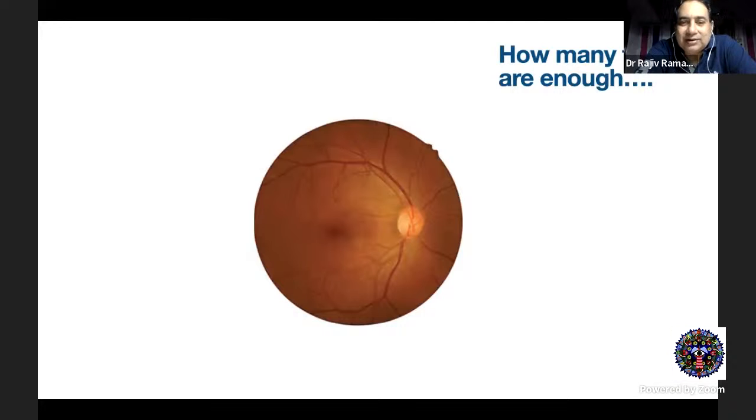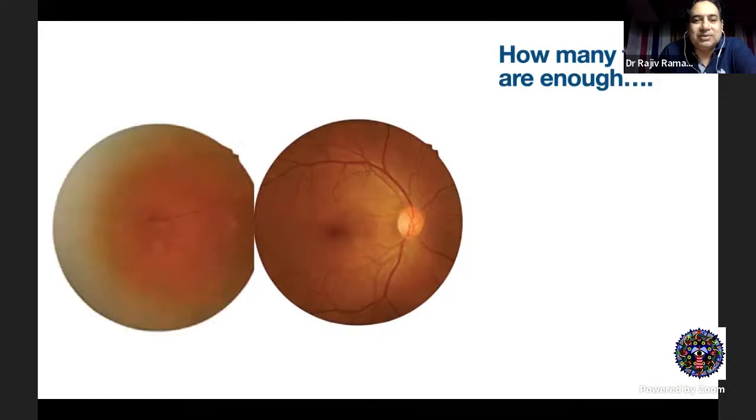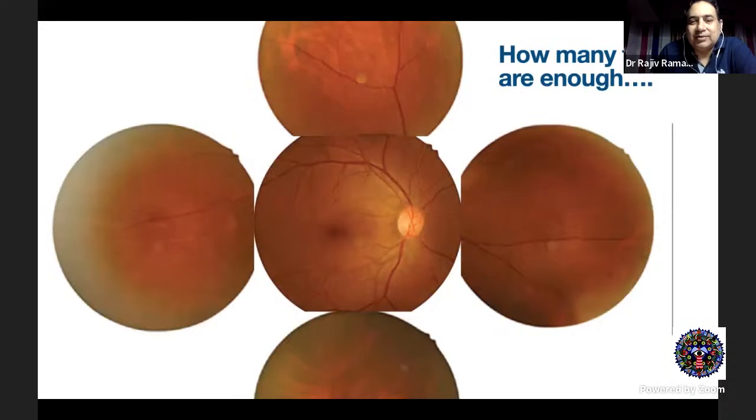However, we know that the lesions may not be only in this field. The more fields you include, the screening accuracy becomes a bit more. The only thing is that it makes the screening time more, and sometimes acquiring also needs a little more skill. That means a single 45 degree posterior pole image centered at the fovea should be good enough to do a diabetic retinopathy screening.